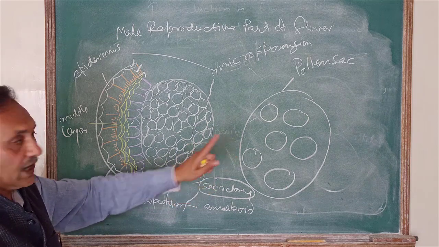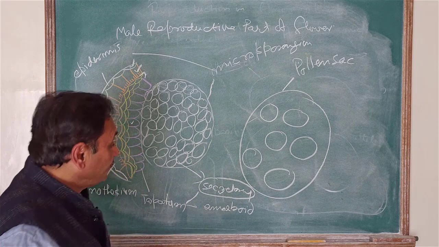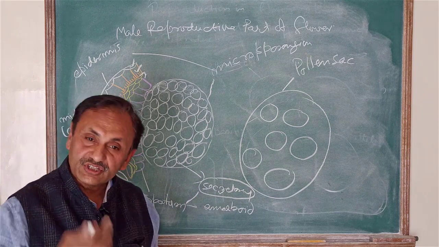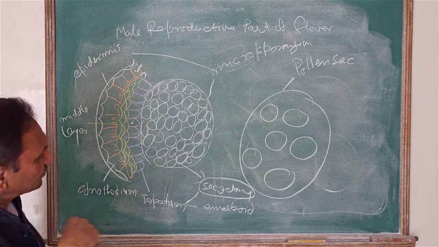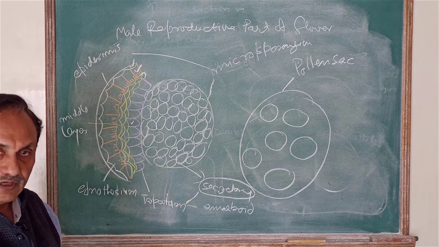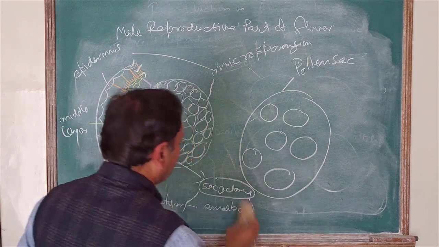It is also responsible for forming sporopollenin, one of the most resistant chemicals of the plant kingdom, and covering the pollen grain. Now we will discuss how the pollen grain is formed.